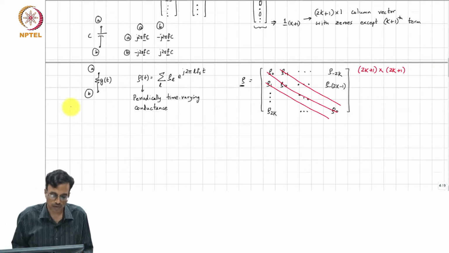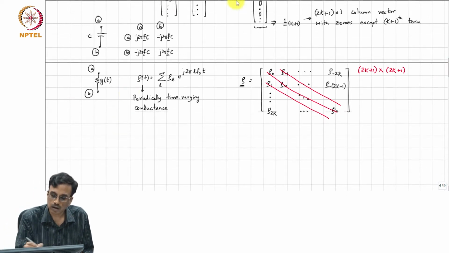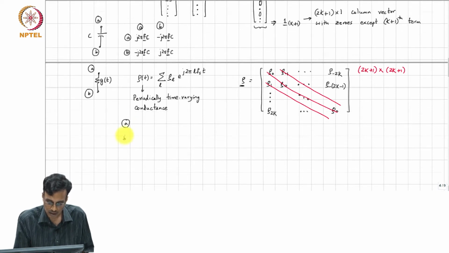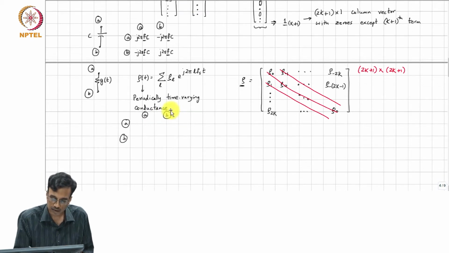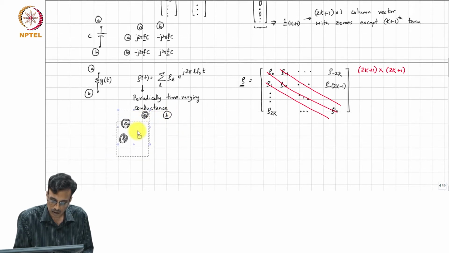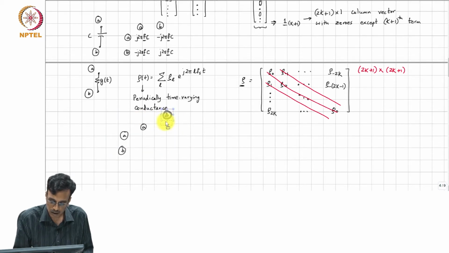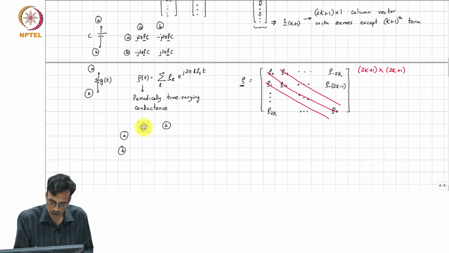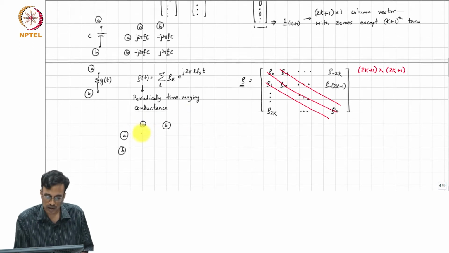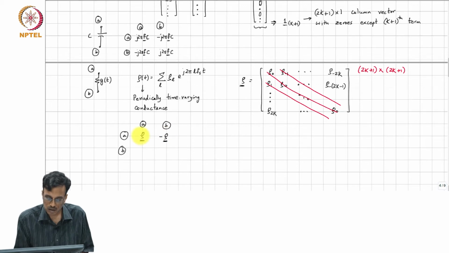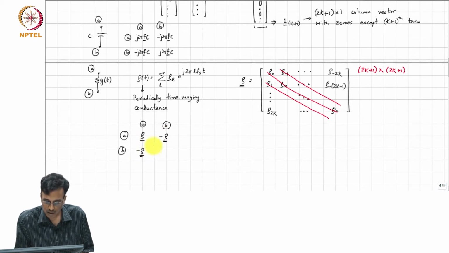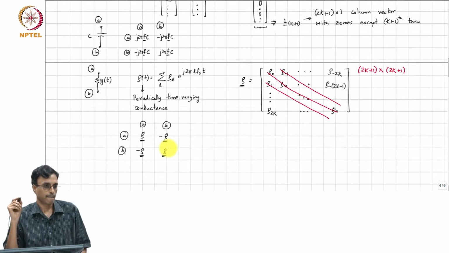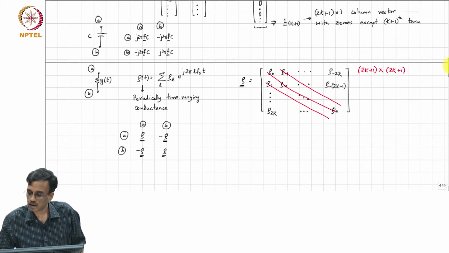So, the M&A stamp of G of t, therefore, as we have seen earlier, just like what we did in the time invariant case, is given by this matrix G, minus G, minus G and G.